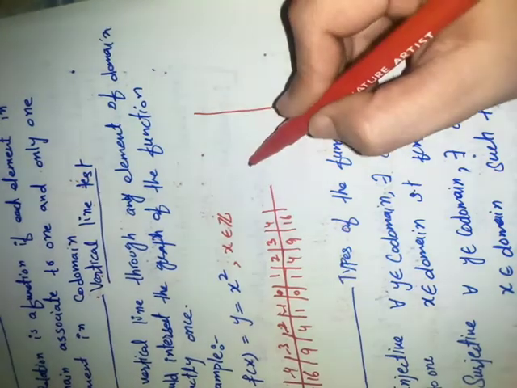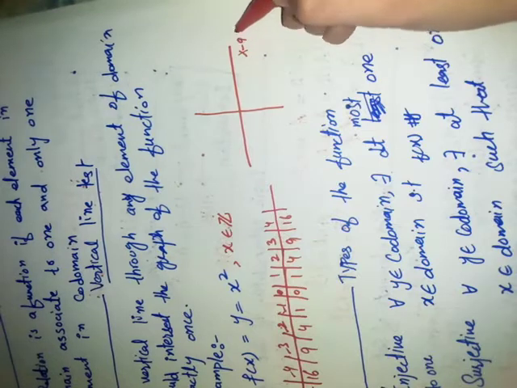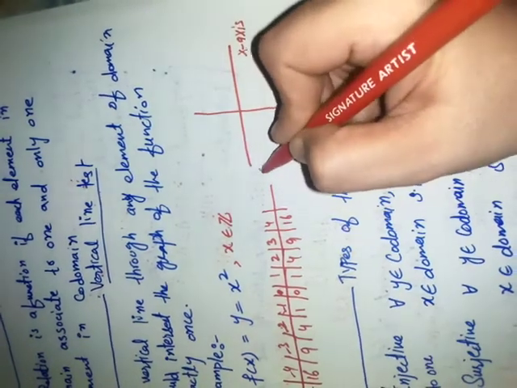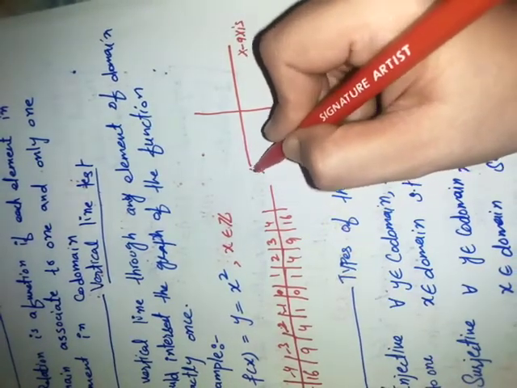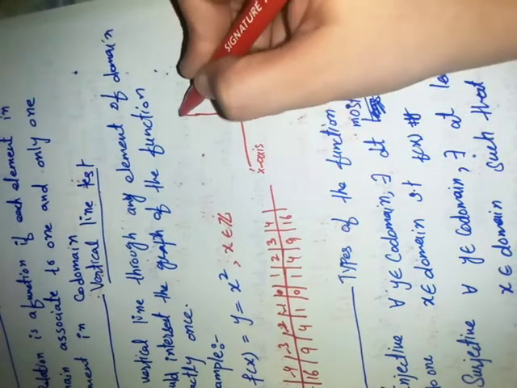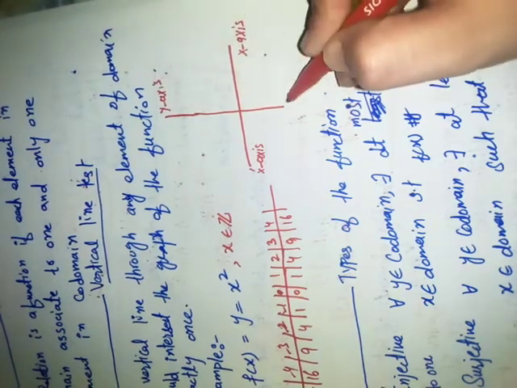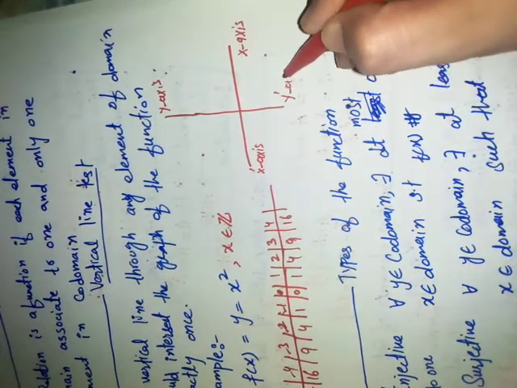Suppose this is the x-axis, the horizontal line is the x-axis, this is the positive x-axis, this is the negative x-axis. Here is the positive y-axis, here is the negative y-axis.